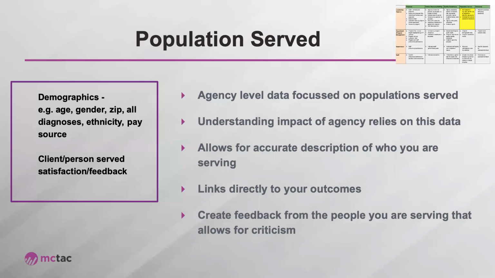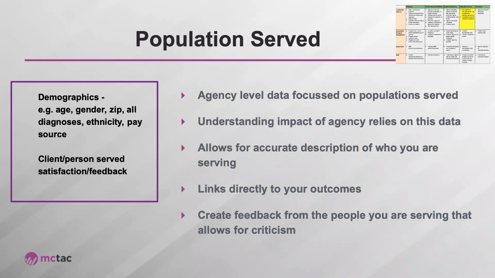The population that you serve needs to be reflective of your mission and reflective of the community that you are providing the services to. Without understanding the demographic information, it'd be very difficult to describe what you're doing and how impactful you are to stakeholders.